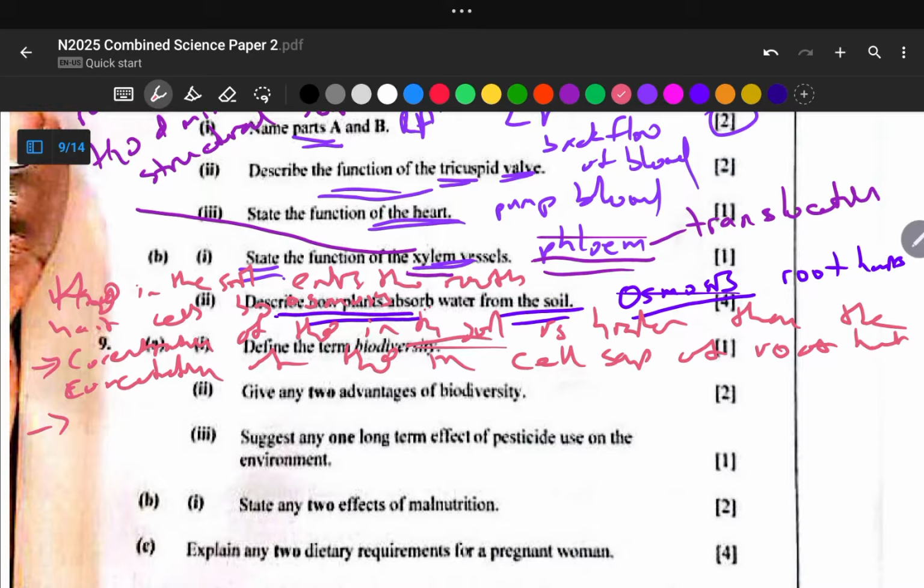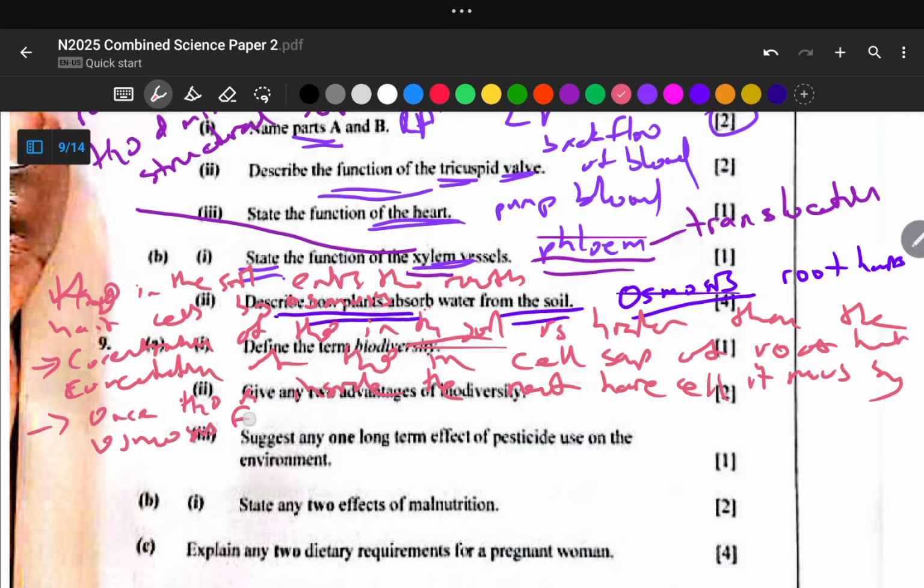So once the water is inside the root cell, the water moves from one cell to the other by osmosis, right?